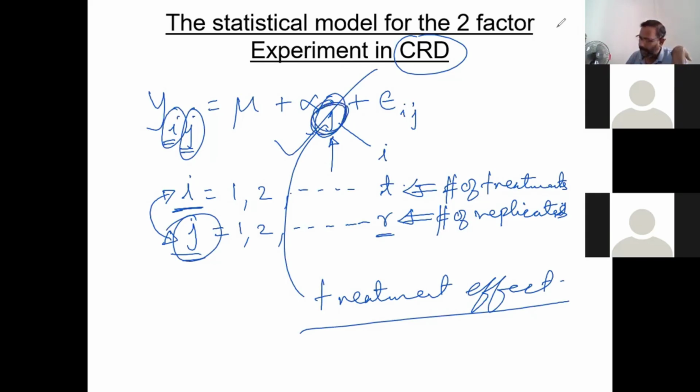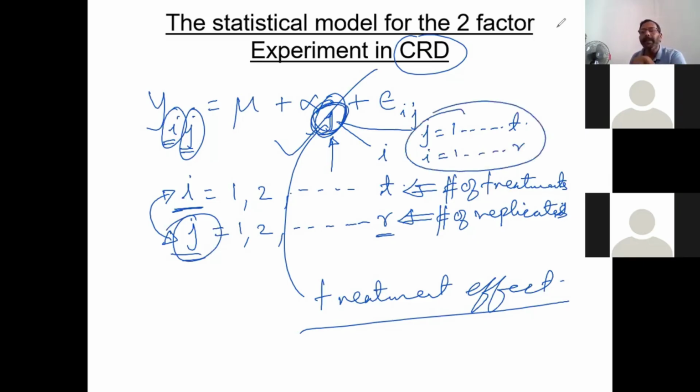If you put j, then j is from 1 up to t, and i is from 1 up to r. It depends on the definition. You have to be careful.